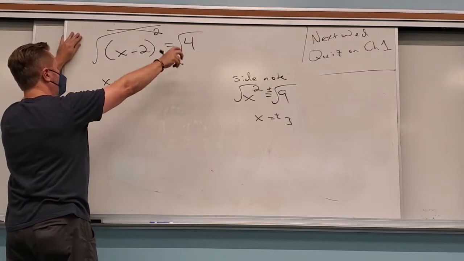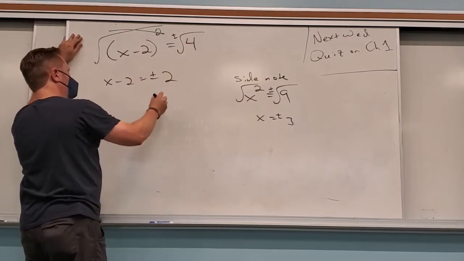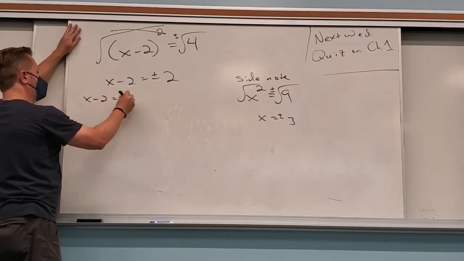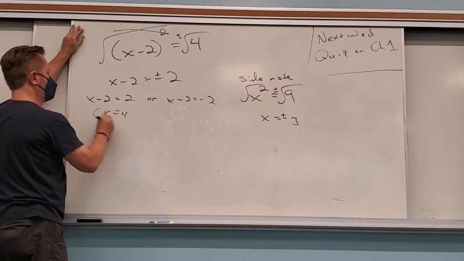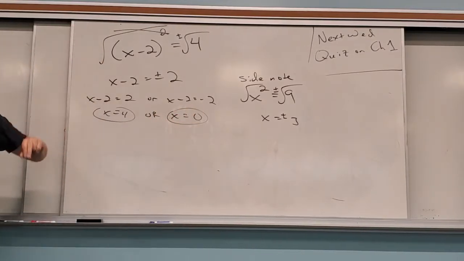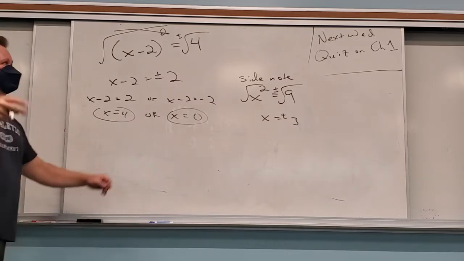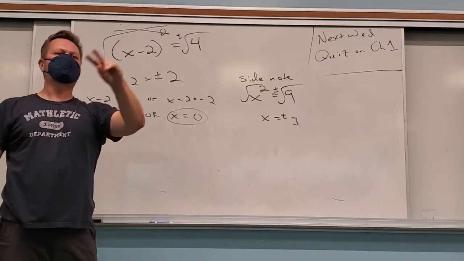But on that side, plus or minus. And of course I get plus or minus 2. So either x minus 2 is 2, or x minus 2 is negative 2. So I get x is 4, or x is 0. Is that cool? And why does it make sense I got 2 answers? Plus or minus. Squared. Highest degree is 2, I should get 2 answers.